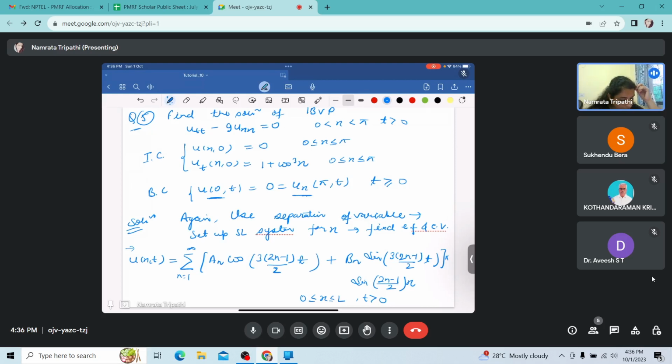So after putting the eigenvalues, the expression for X_n and T_n, you will get this expression. Are you getting this expression? You can check the solution, or you can solve by yourself using separation of variables. Fine.